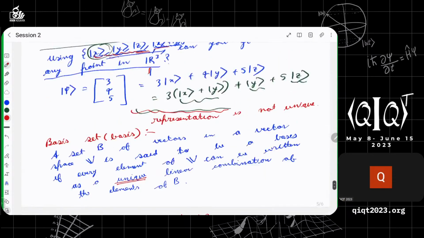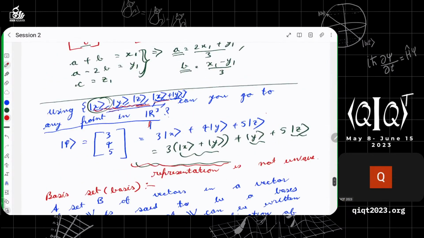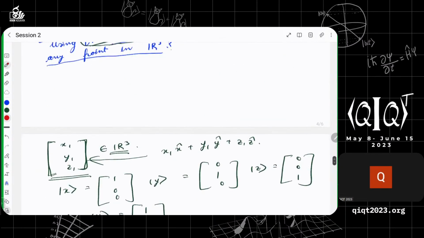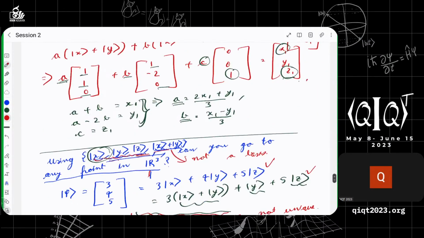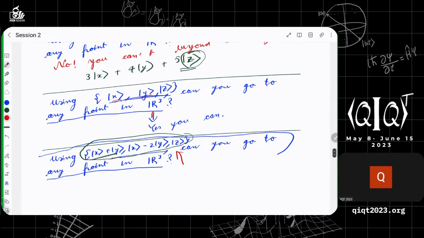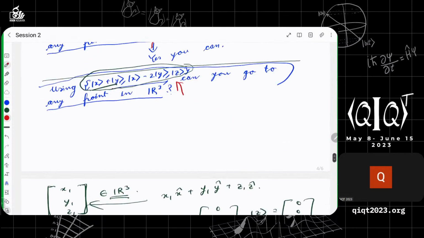So in this example, this was not a unique linear combination. There were two ways by which we could write this. So this set is not a basis. And what other example did we take? So yeah, using this, we could write everything in our space. So this is a basis.